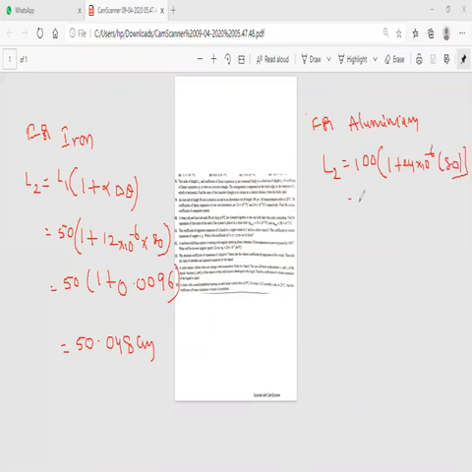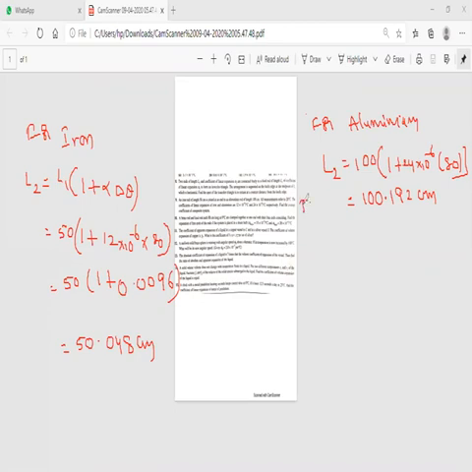By solving this equation, you can easily calculate the value: 100.192 centimeters. This is the final length for aluminum.